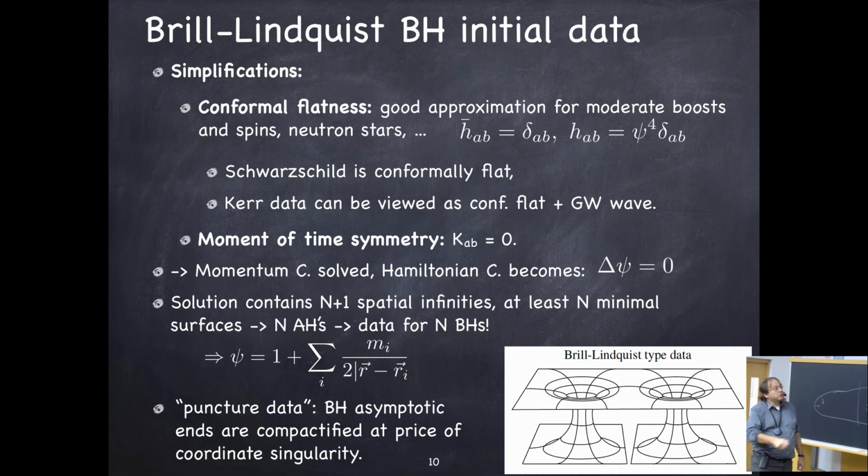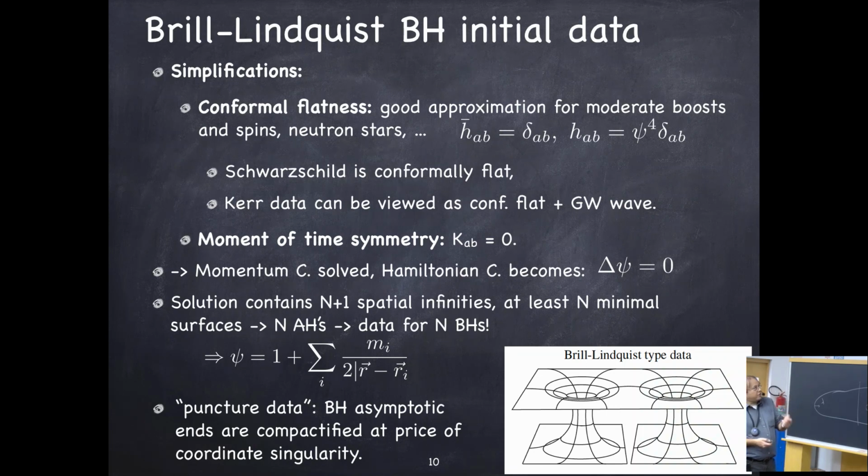All right, so this will have several minimal surfaces, one here, and so on. This is also called puncture data. Why puncture? Because at these points, the whole thing blows up. And you can analyze that these points belong to another infinity. If you compute the physical distance between any point here and the point with these coordinates, you will find that the physical distance is infinity. So these go all the way to infinity here.